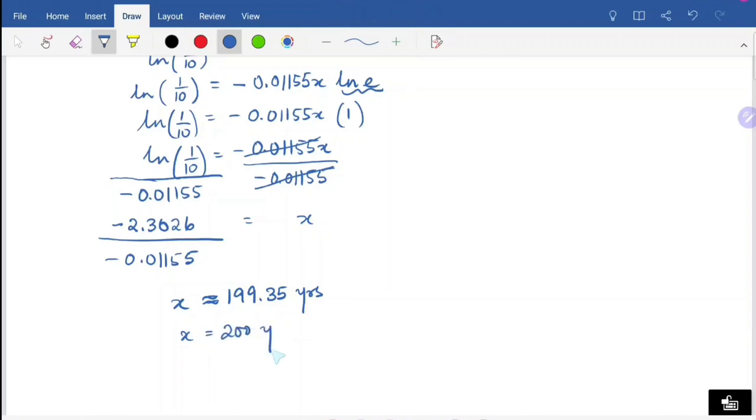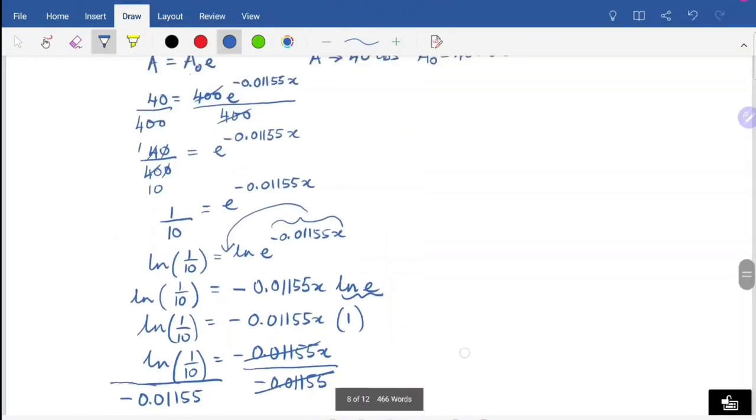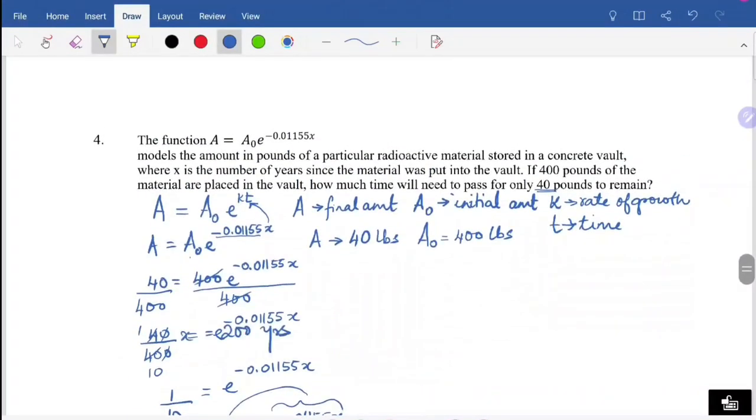Approximately 200 years. So you have to write your answer in a sentence form and say that it will take approximately 200 years for the material to be reduced from 400 pounds to 40 pounds.